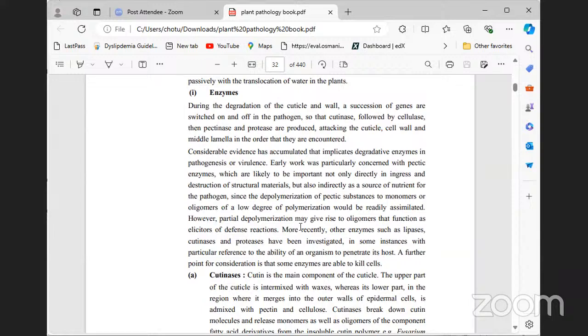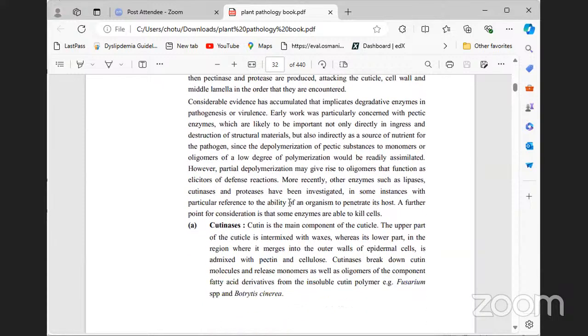However, partial depolymerization may give rise to oligomers that function as elicitors of defense reactions. More recently, other enzymes such as lipases, cutinases, and proteases have been investigated in some instances, with particular reference to the ability of the organism to penetrate into the host cell.